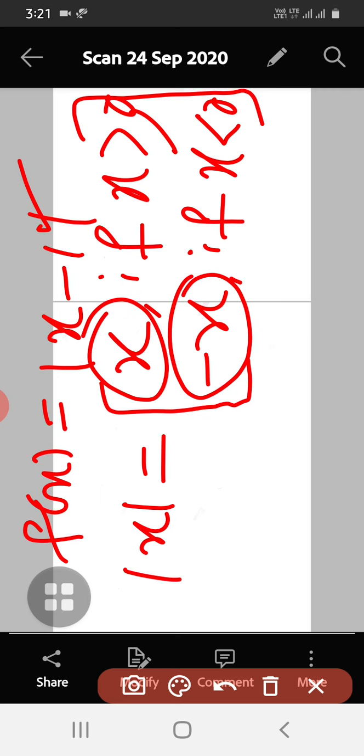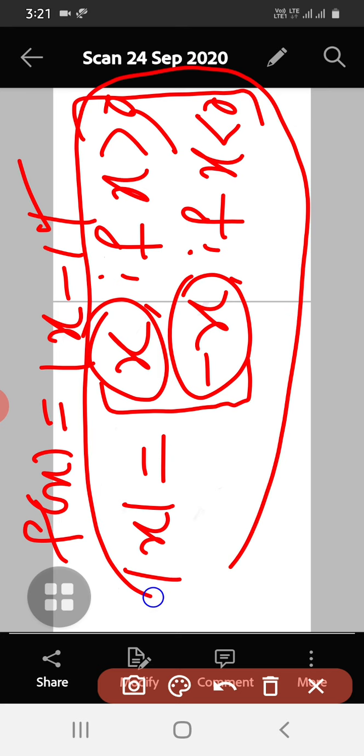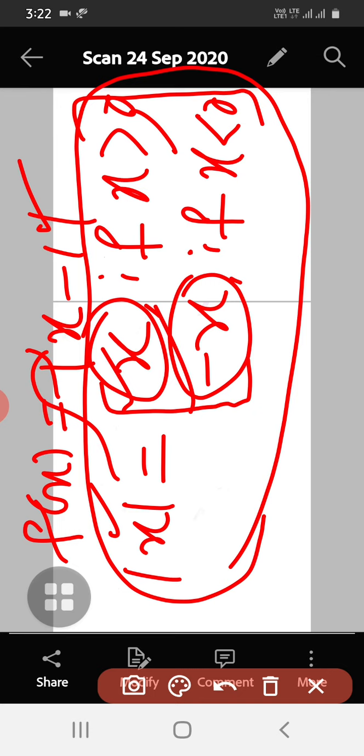Then the point will be 1, which I will do in the next step. This is the modulus function; replace x by x minus 1. How do you write mod of x minus 1? One case is a non-negative value. Let us write that.